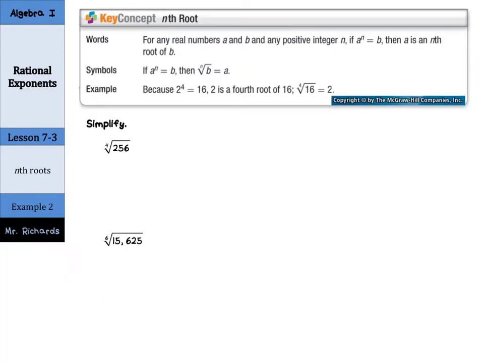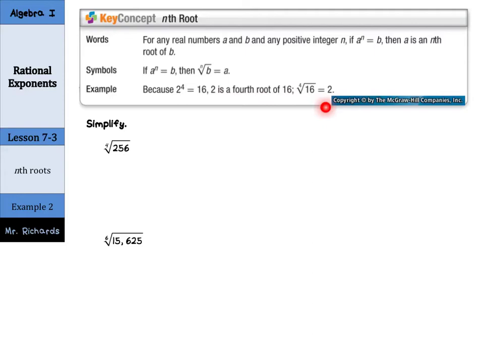Now, nth roots can be slightly difficult without a calculator, and you can use a calculator on these. For any real numbers a and b and any positive integer n, if a to the n equals b, then a is the nth root of b. Let's go right to our example. Because 2 to the 4th is 16, 2 is a 4th root of 16.